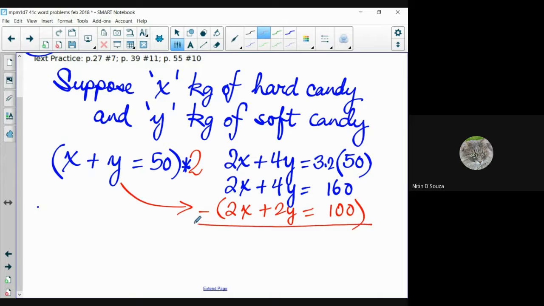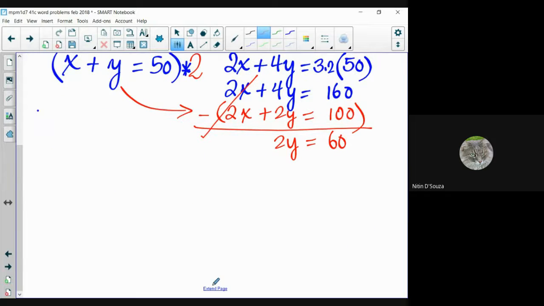Going to subtract: 2x minus 2x, 4y minus 2y, 160 minus 100. Y must be 30.